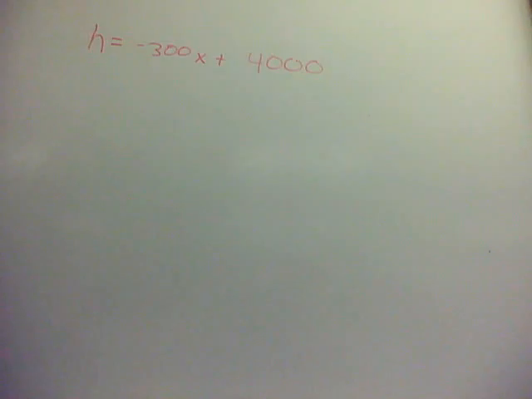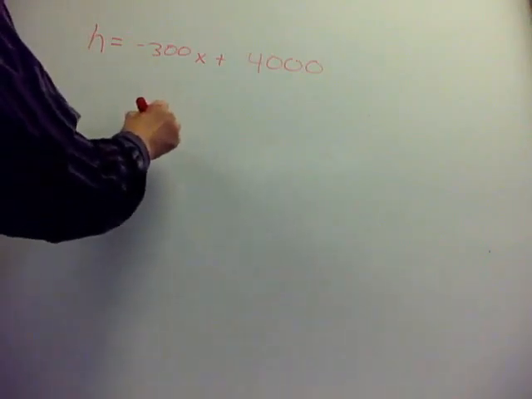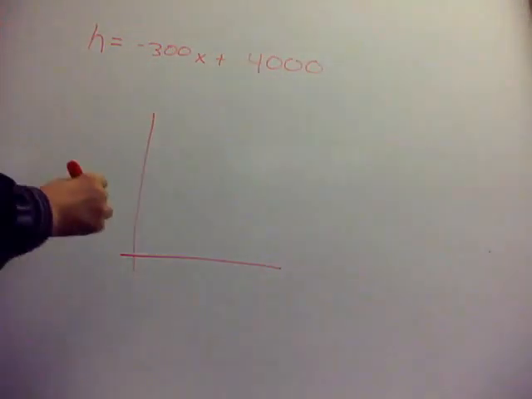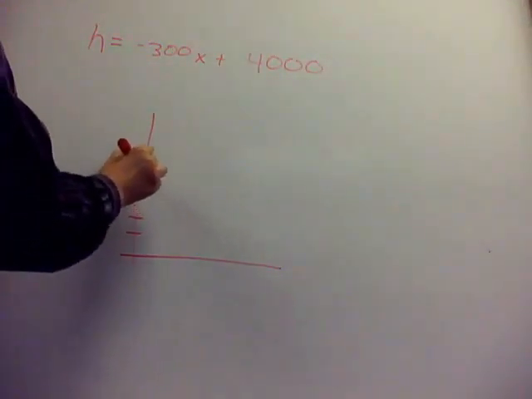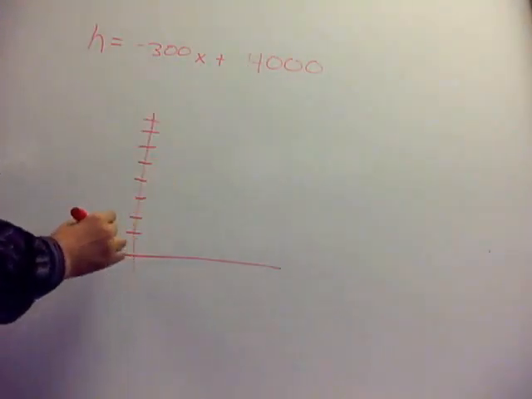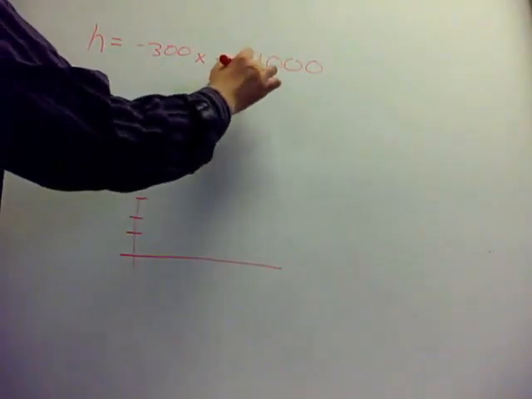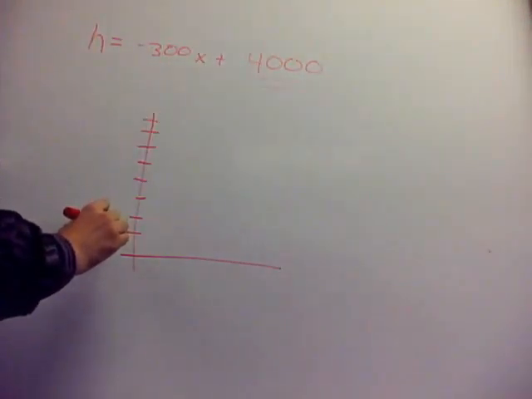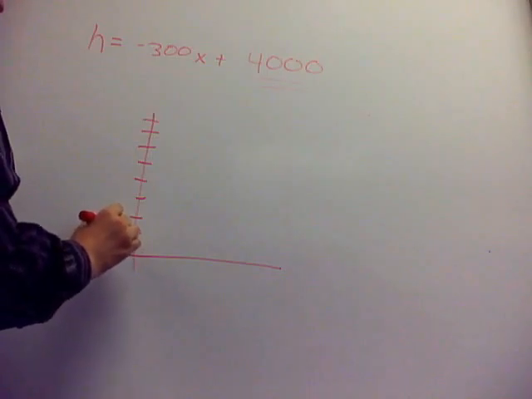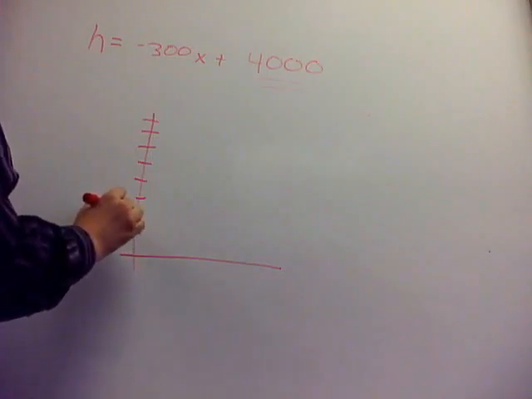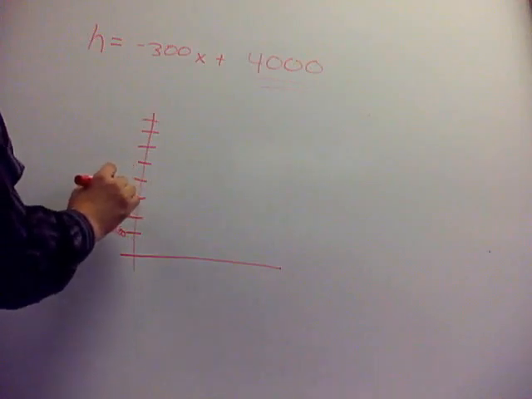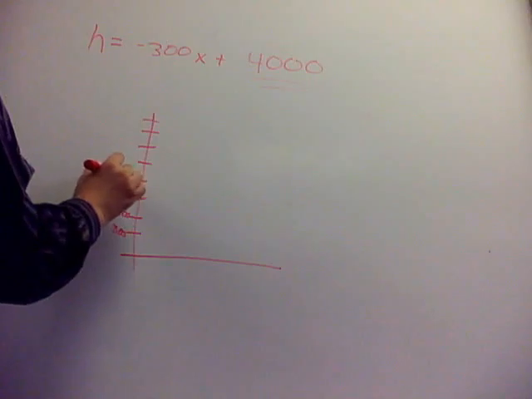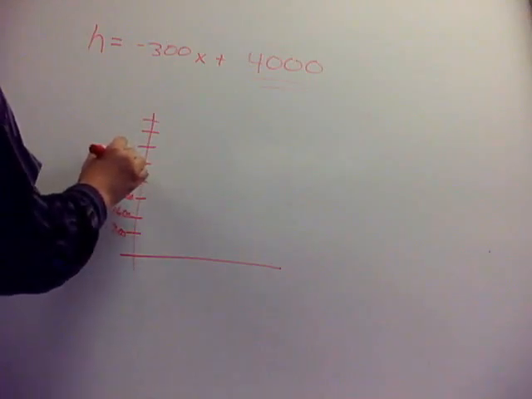So what's the first thing we do? We have to graph it. The instructions say graph this. Let's start at the y-intercept right here, which is 4,000. Let's go up by, I don't know, 800: 800, 1600, 2400, 3200, 4000.